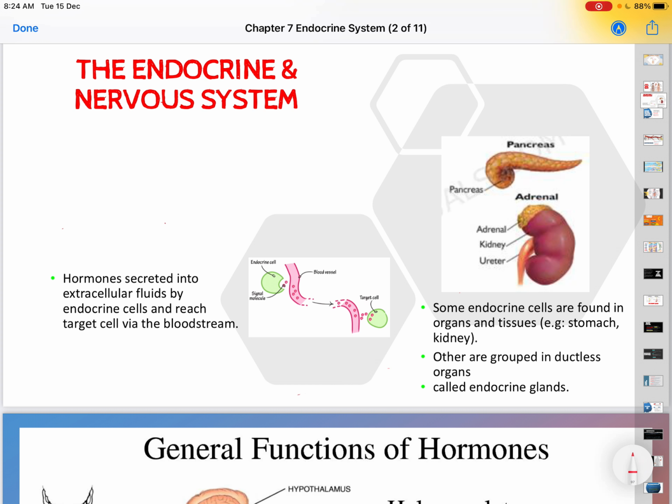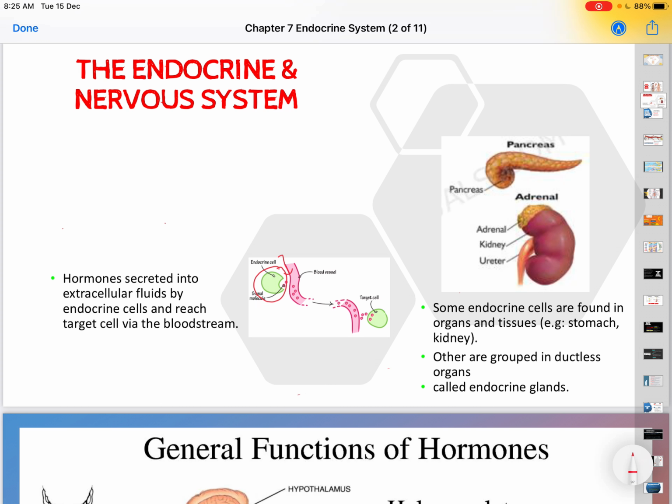So how does the process start? Firstly, the hormone is secreted into extracellular fluids. So this is the endocrine cell. This endocrine cell will release signal molecules. These signal molecules, also called hormones, will be secreted into the circulatory system, also known as the bloodstream, until they reach the target cell.